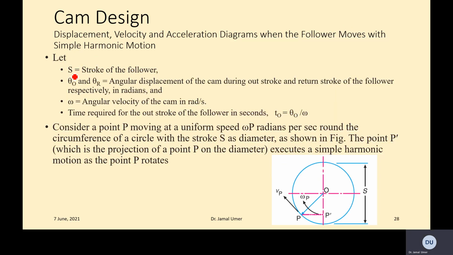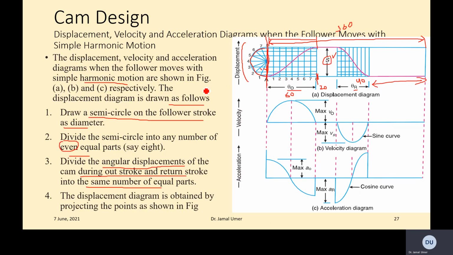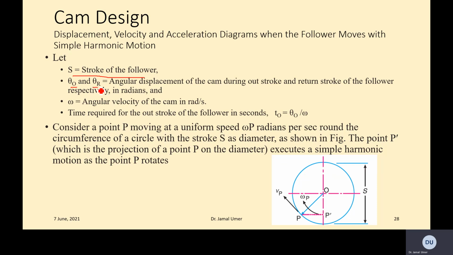So now let S be the stroke of the follower, as it says over here. Theta 0 and theta r are the angular displacements of the cam during the outstroke and return stroke. This is the outstroke, and then we have the return stroke of the follower. It is done in radians, and omega is the angular velocity of the cam in radians per second.